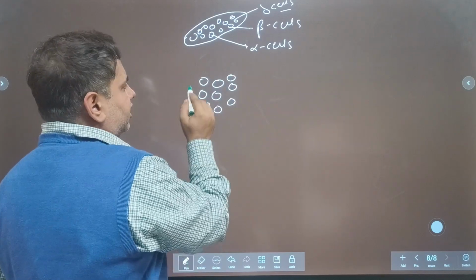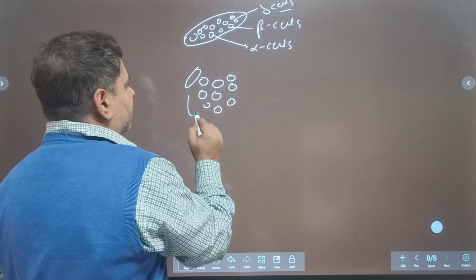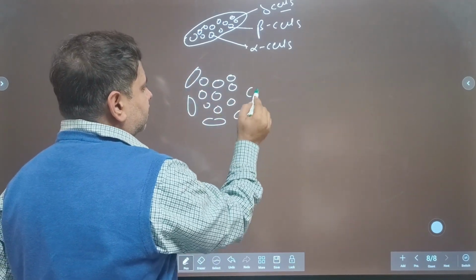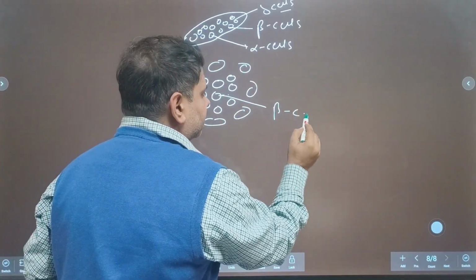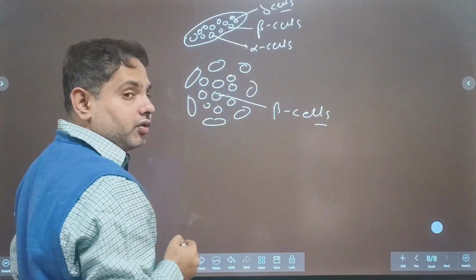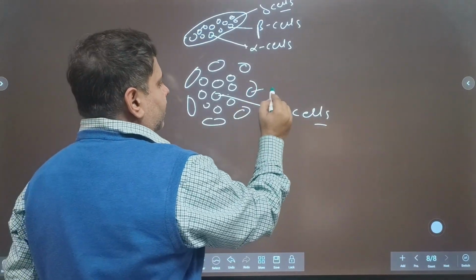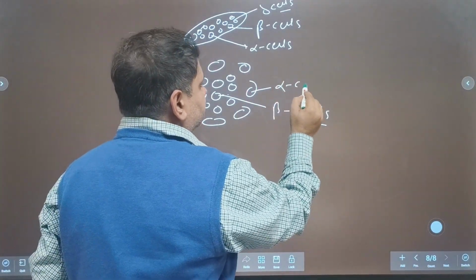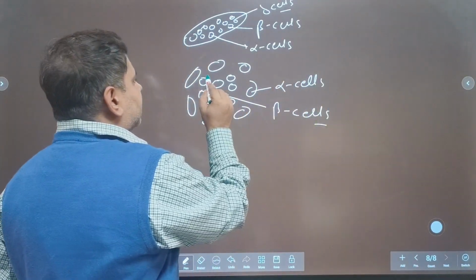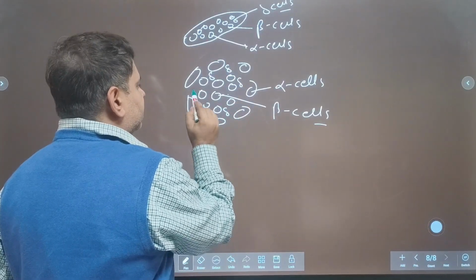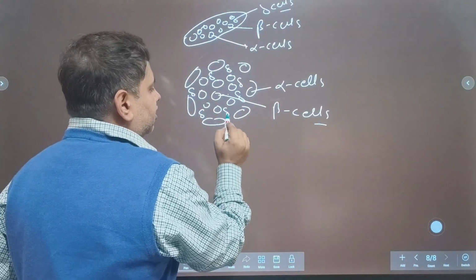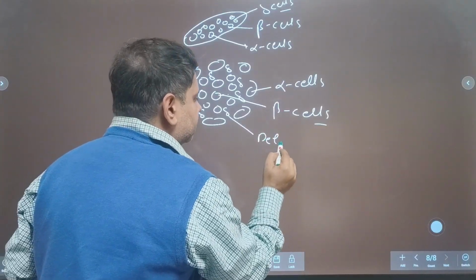Beta cells are in the center. These are surrounded by the alpha cells. For example, these are your beta cells in the islet of Langerhans, then these are your alpha cells, and delta cells are everywhere, in the center as well as the outside. So these are your delta cells.